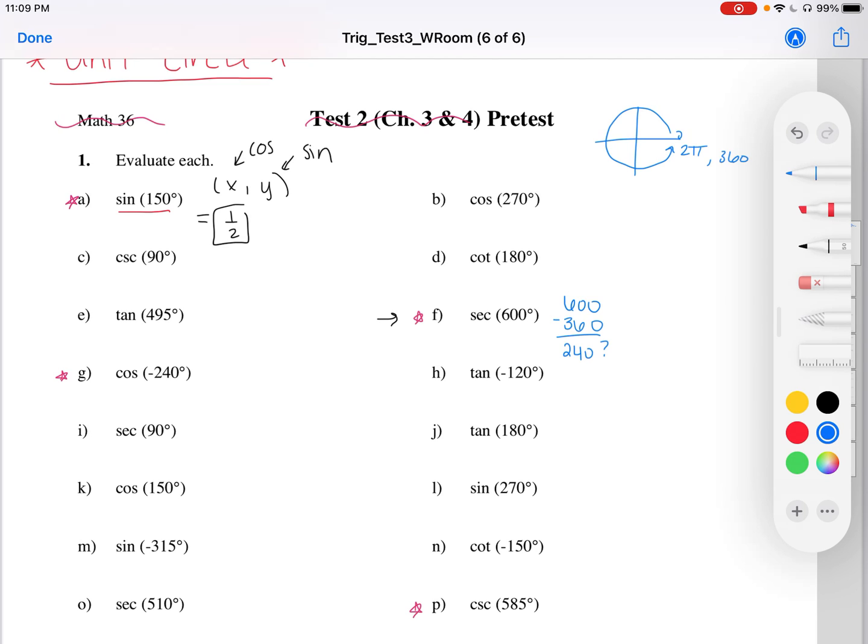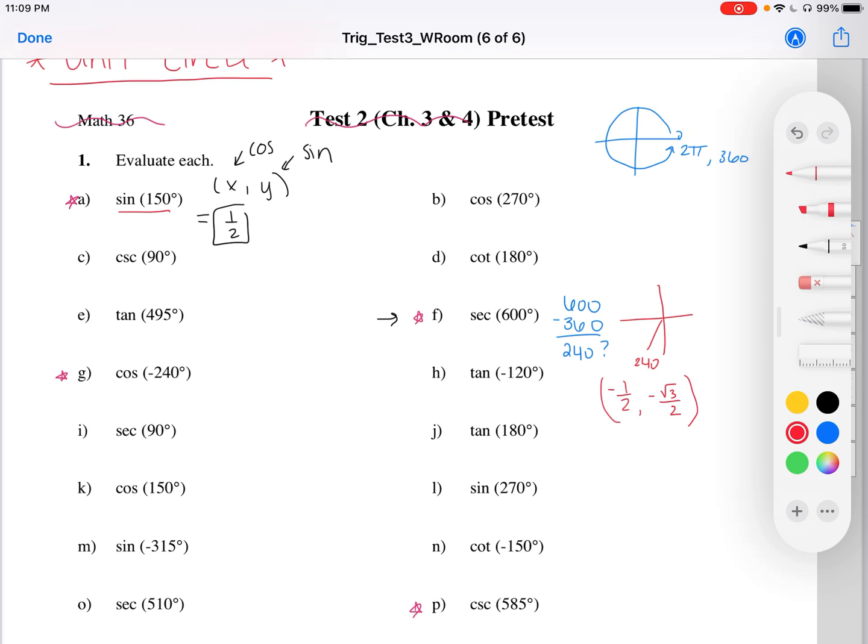Now you ask yourself, is this number between 0 and 360? It is. Now you can find it on the unit circle. So you check your unit circle, 240. It's somewhere down here. And 240 gives us a coordinate point, negative 1/2, and negative square root of 3 over 2.